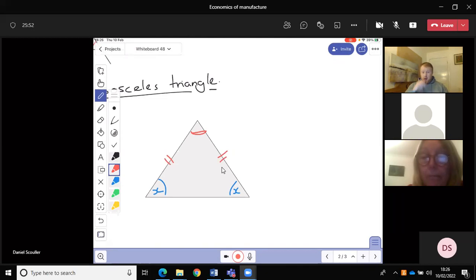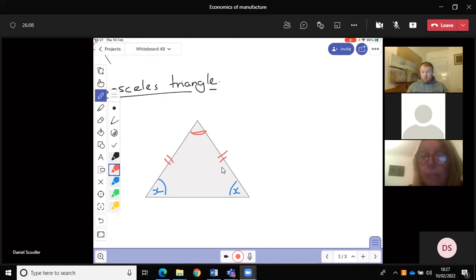Now that's important because if we've got, say, a chord in a circle, and we bring down the two radii, then we've instantly got an isosceles triangle. So the isosceles triangle will come up as well.